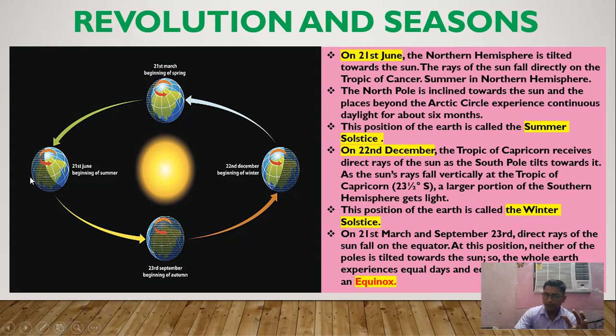In this position, see, the sun is in the center and the earth is here. This position of earth is on 21st June. In this June month, the northern hemisphere is tilted toward the sun, that is, the sun's rays are directly falling on the northern hemisphere.